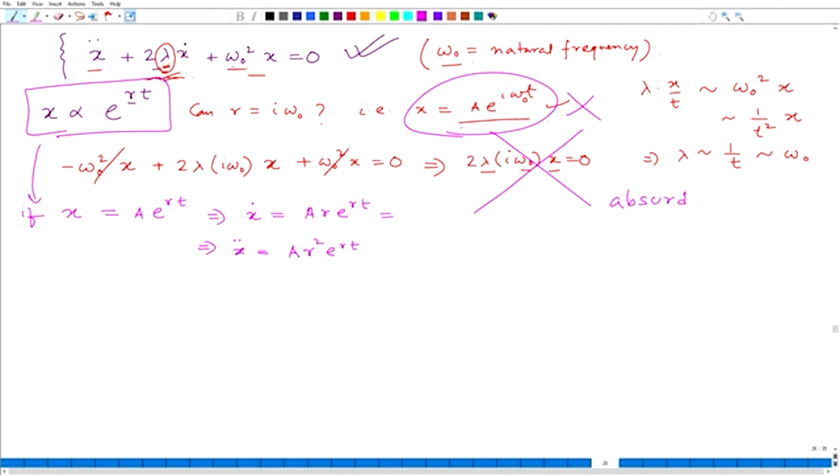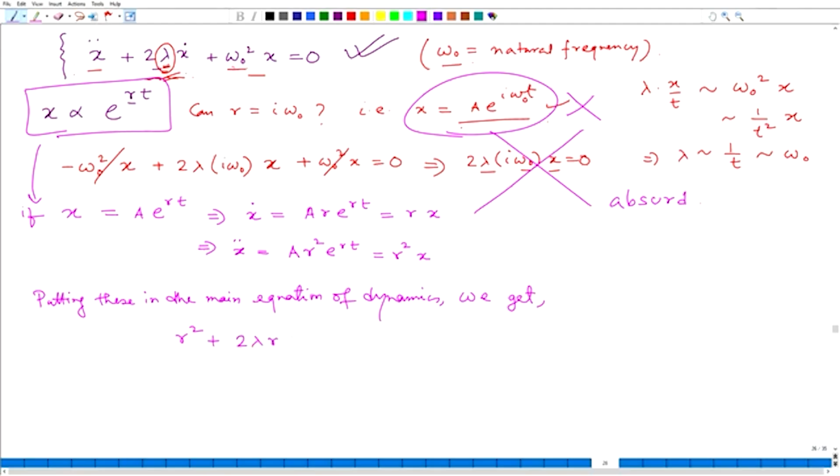So, you can always write r times x, and here r square times x. Putting this in the main equation of dynamics, we get r square plus 2 lambda r plus omega 0 square is equal to 0.